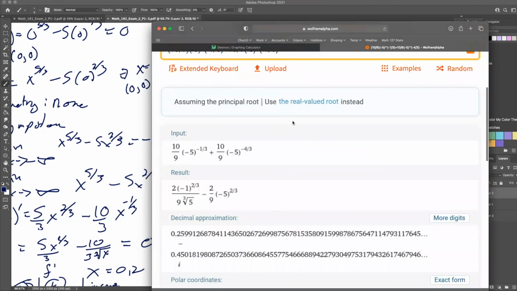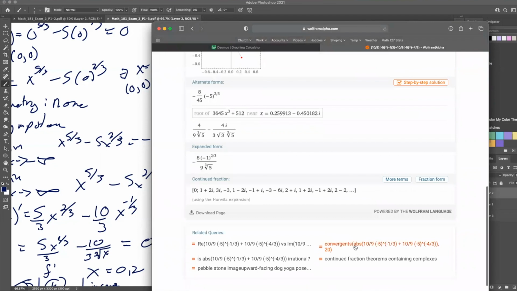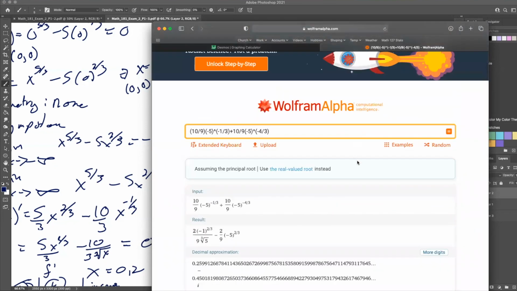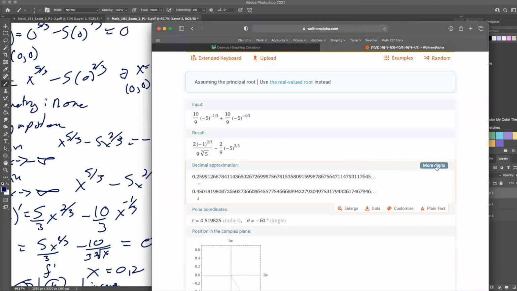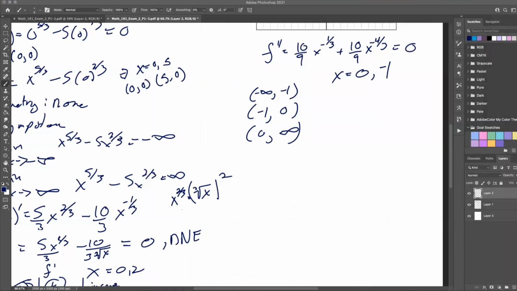Why is this so zoomed in? I didn't think it would get this bad. So here are the real parts. And so we're going to have this. Hold on. Let me see something super quick.